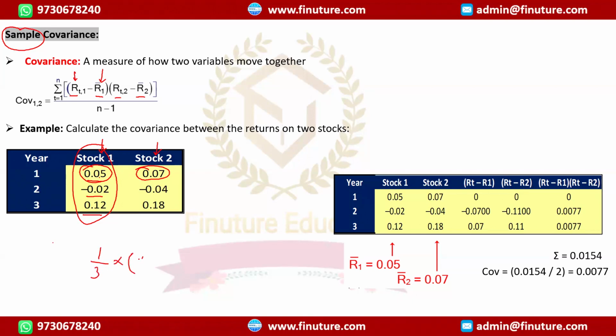This is my x1, this is my x2, this is my x3. So I'm saying that there is a 33% probability of each coming up. When you are given absolute data, you are indirectly saying that the probability of each thing happening is 1 by n.